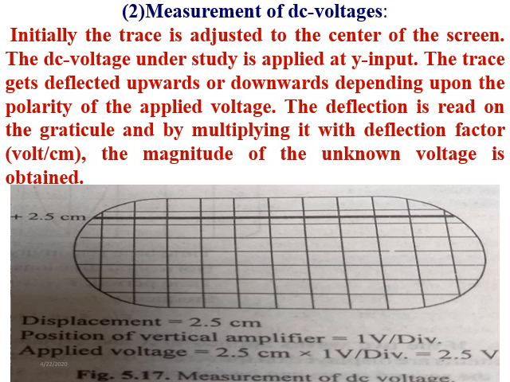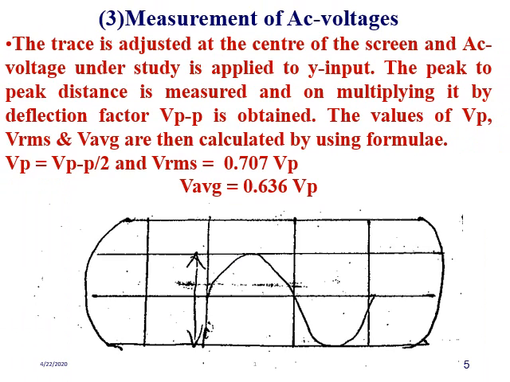Now the third application we are going to discuss in the next slide, that is measurement of AC voltage. Initially we have to adjust the trace at the center of the screen. The AC voltage which is under study is applied to Y input, that means Y plate.